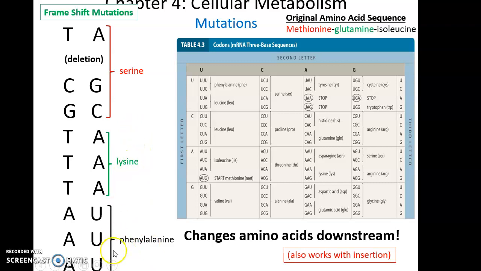So all the rest of the amino acids are probably going to be different than what they were before. So frame shift mutations also change amino acids downstream from the mutation, and it's a huge deal. Now, you can also do this with insertions. You could have an additional nucleotide added to the DNA sequence, which means there's an additional nucleotide in the messenger RNA, which then causes the frame shift mutation.